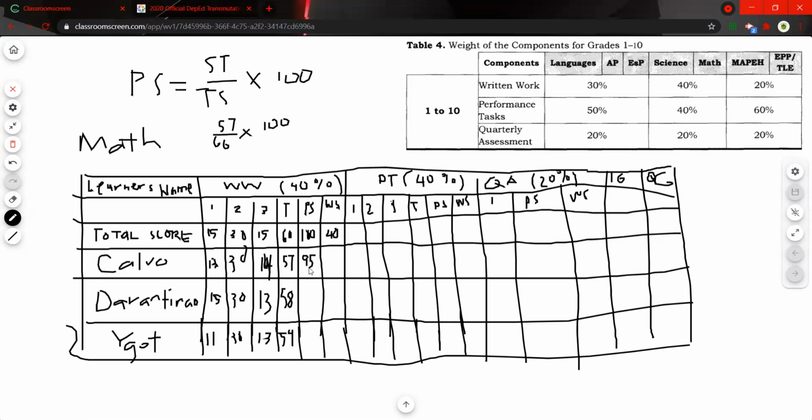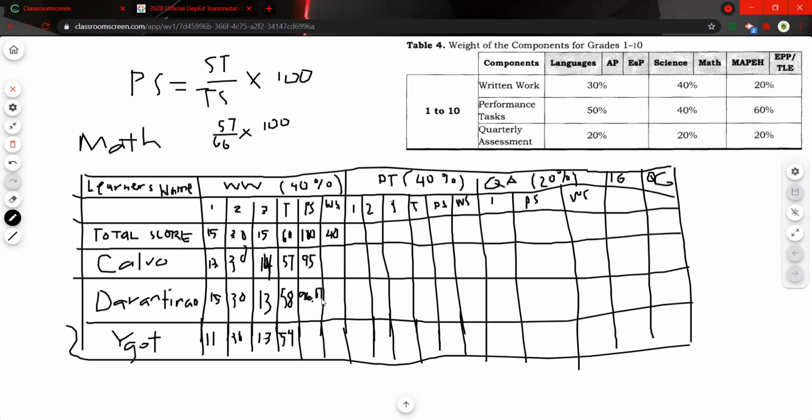95%. So, for Darantinaw, 58 divided by 60, the same process, then times 100, that is 96.67. Okay? 96.67.